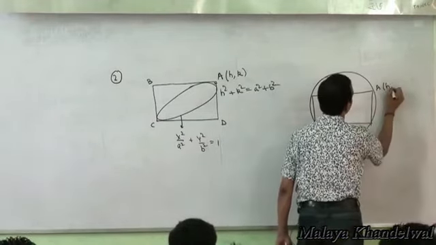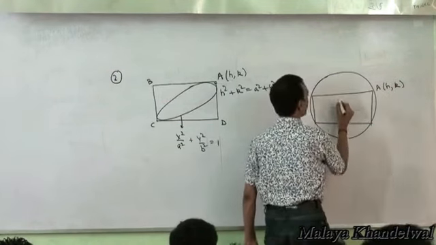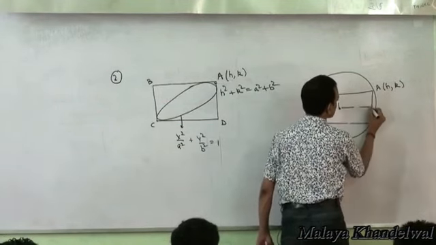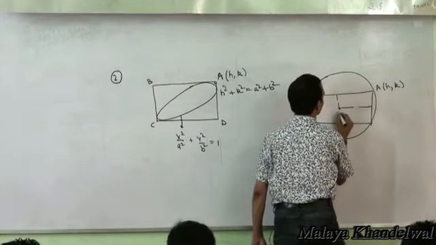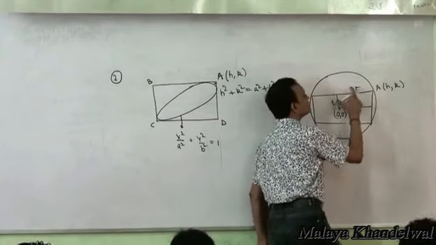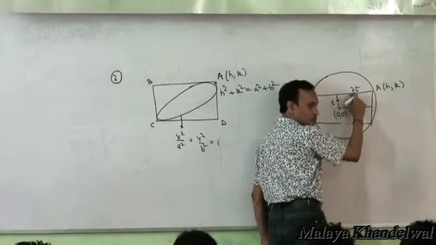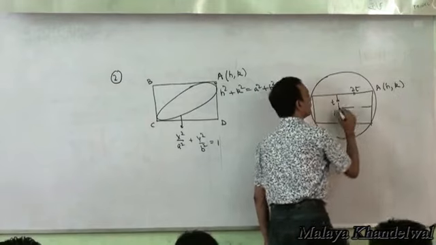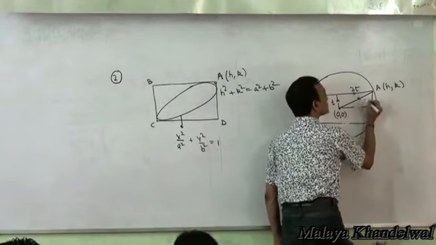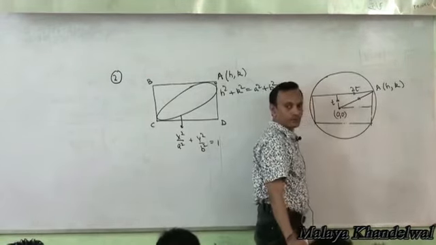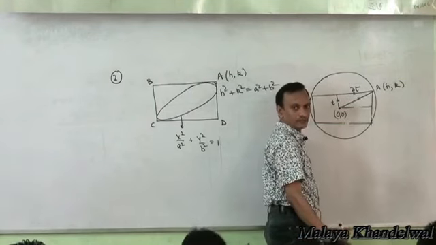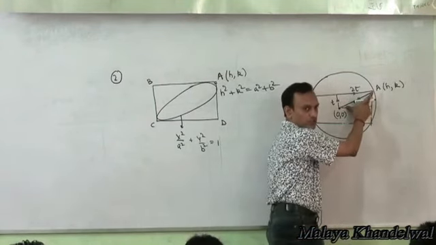This is A (h, k), and this rectangle is such that if this is t, this is 2t. This is half the width, this is half the length, t and 2t. And this is the radius of the director circle, root a squared plus b squared.